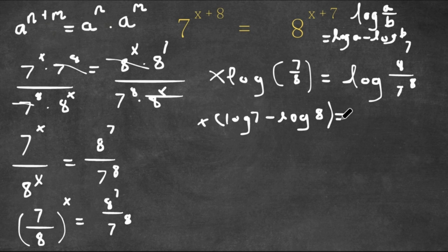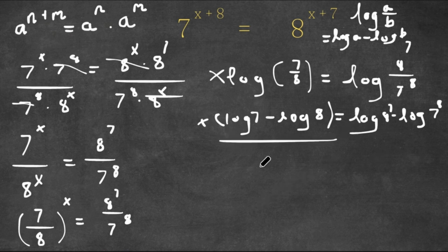Now this is equal to log 8 to the power of 7 minus log 7 to the power of 8. Now I'm going to divide both sides by log 7 minus log 8.